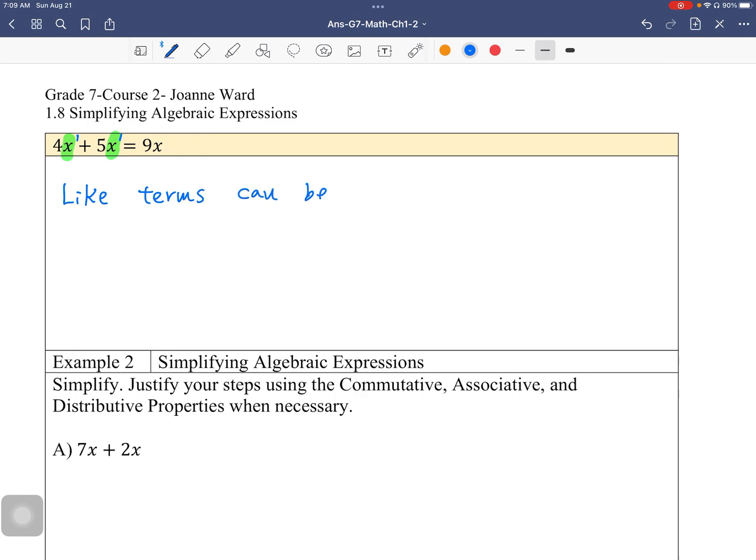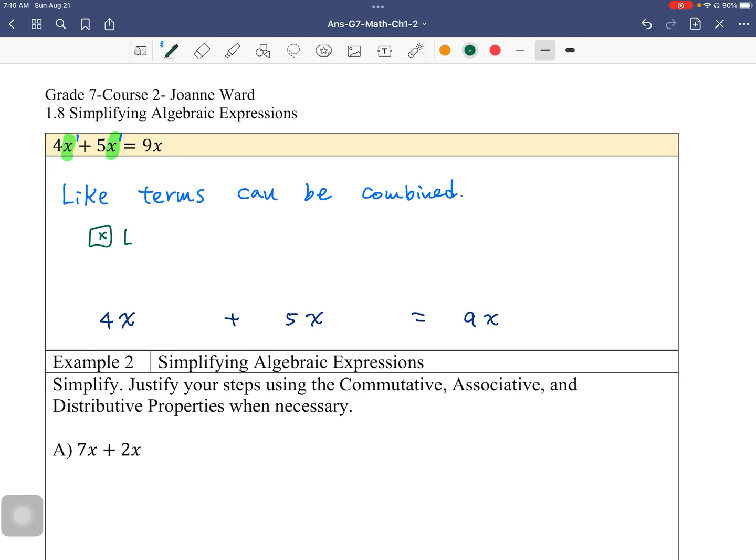Such as with variable tiles: 4x plus 5x equals 9x.